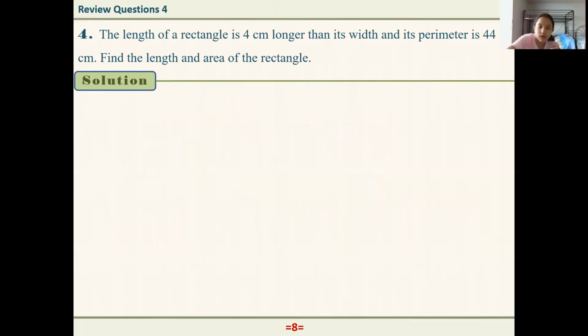Okay, let's see. Okay, so just 44 centimeters. That's longer than this.